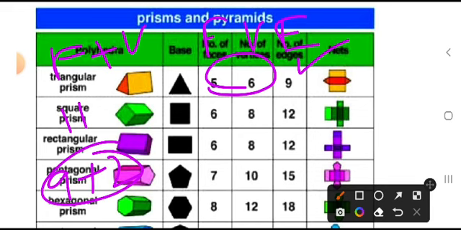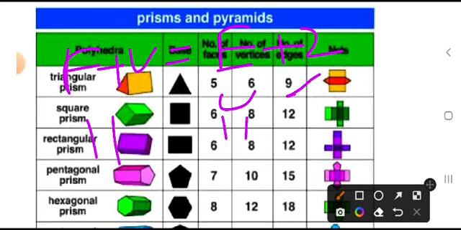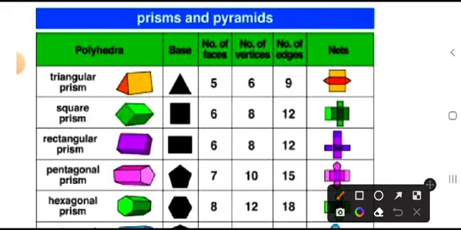Or we can say F plus V is 2 more than E, or when we add 2 to E, it is the same. That means F plus V is, in this case, E plus 2. 5 plus 6 is 11, and 9 plus 2 is 11. That means when we add F plus V, that will be the same as E plus 2.